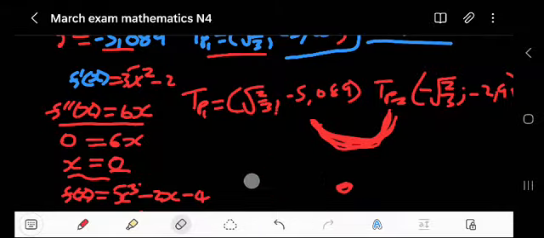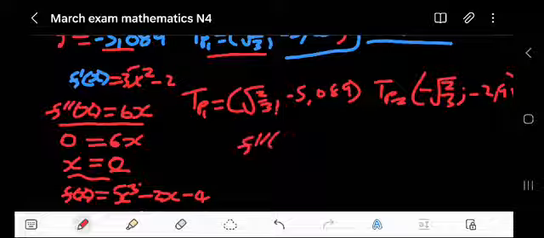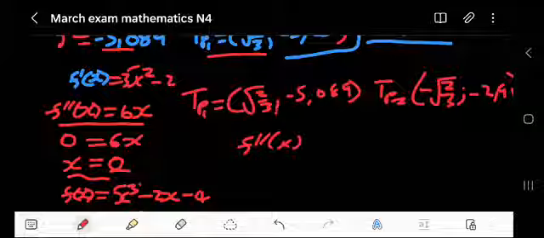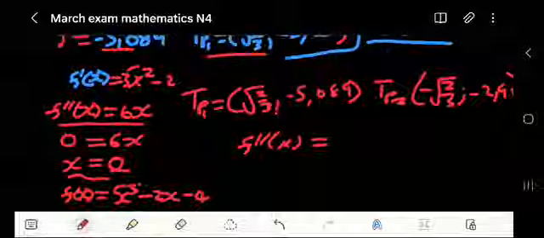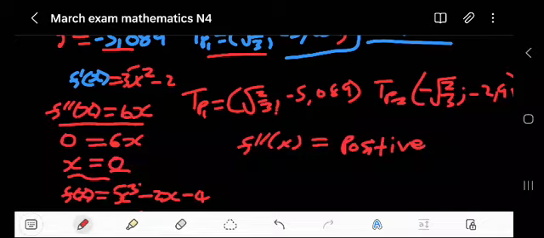To tell that, we'll use the second derivative. If you obtain a positive value for the second derivative, then that will be a minimum point.